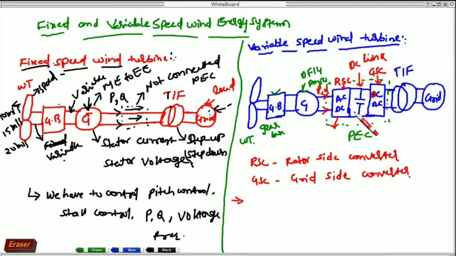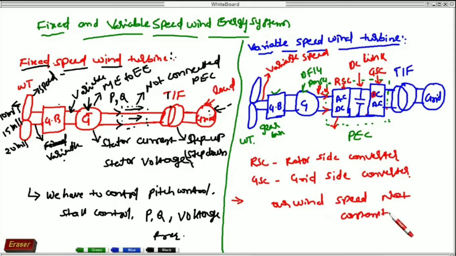Variable speed means our wind speed is not constant, and the frequency is also not constant.